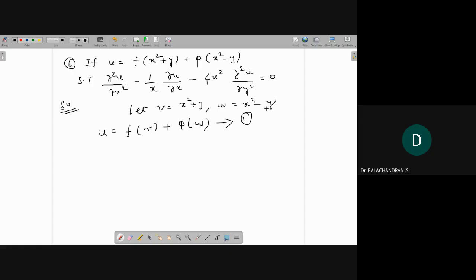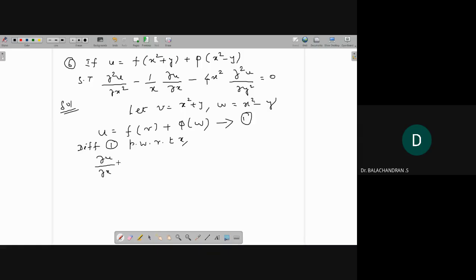Okay, now differentiate equation 1 partially with respect to x. So dou u by dou x. I will write the first one, you will try to tell the remaining one.